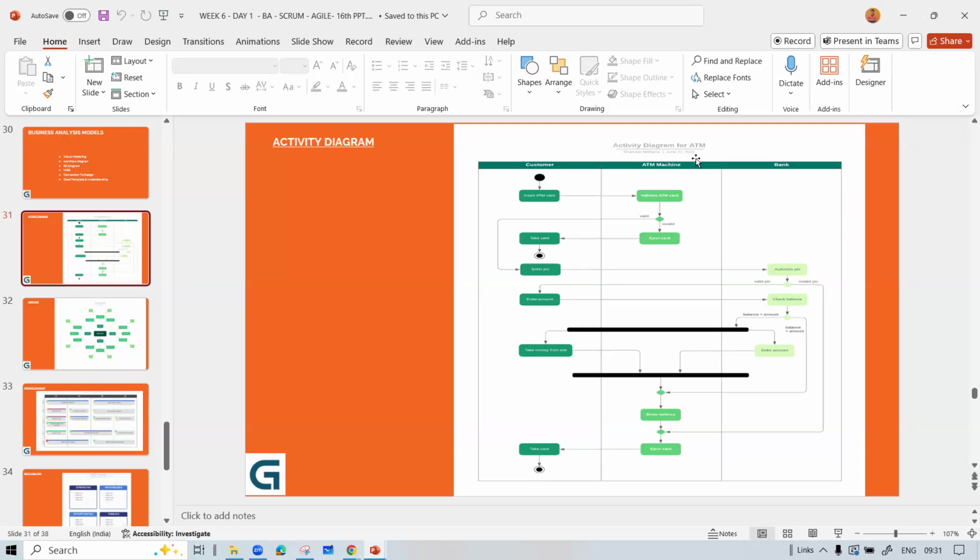Not dispensing, that will be CDM. You consider them. So for cash deposit, you are going to create such a diagram. Can you all do that?